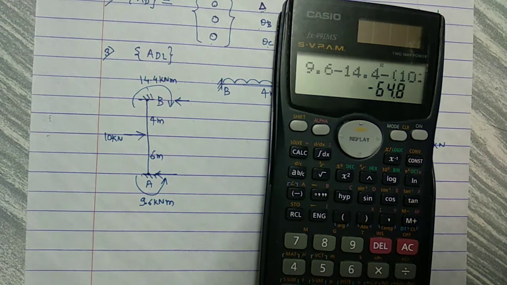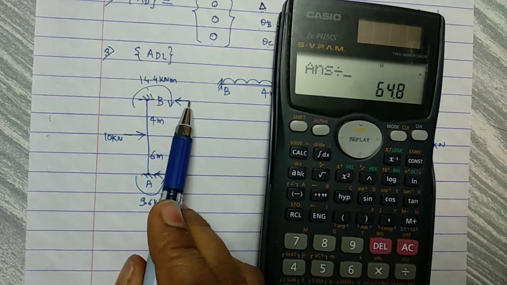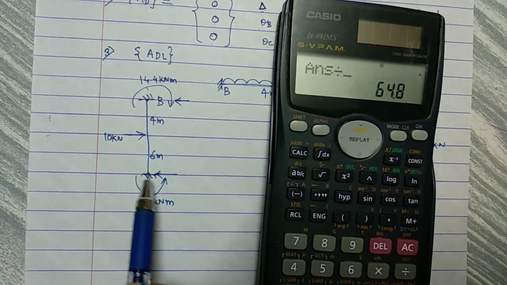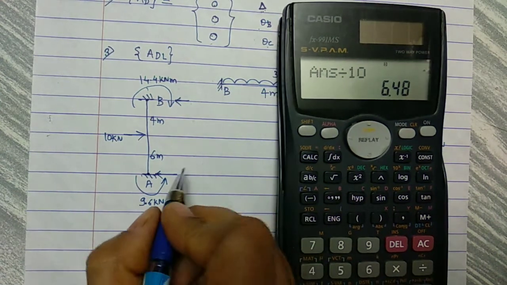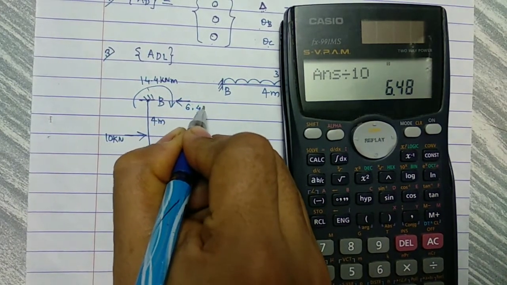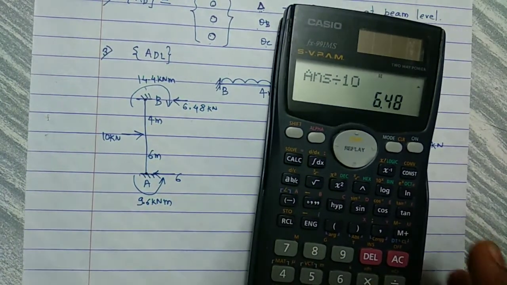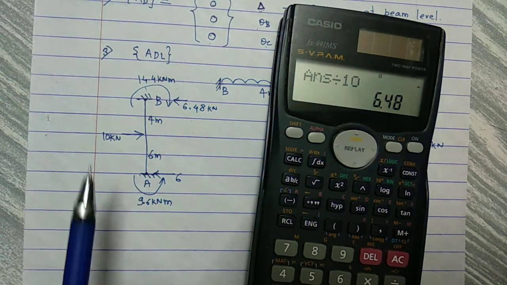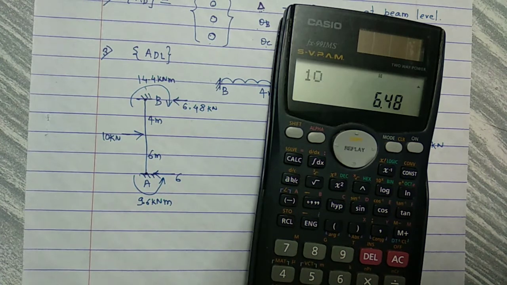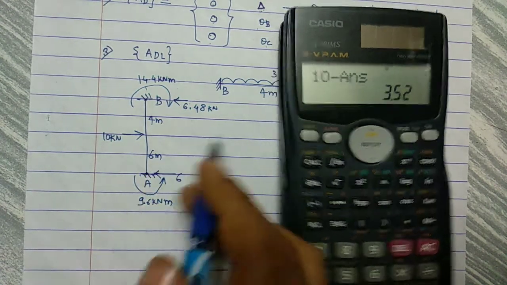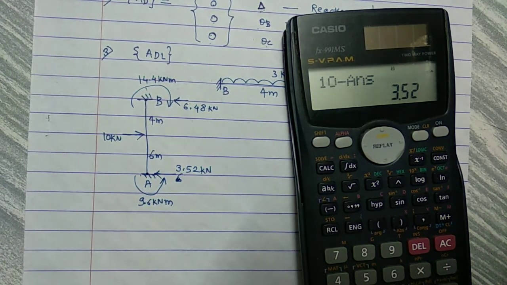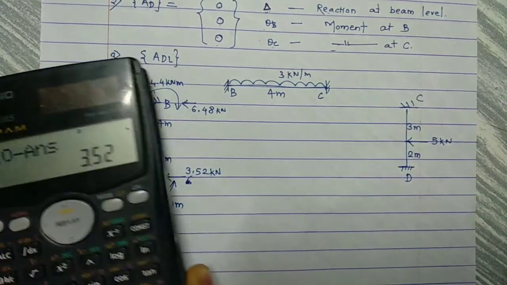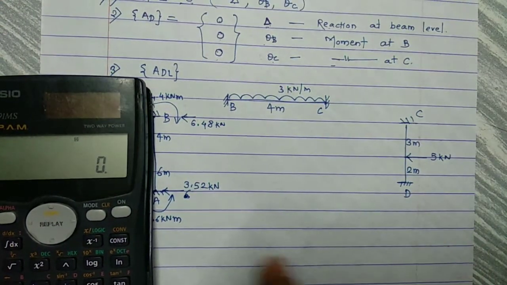Taking it on the other side of the equal sign, it becomes positive, and divide by the moment of RB about A point, RB into total 10, so divide by 10, we get 6.48 kilonewton, the reaction at B point. Now in summation Fy, 10 minus this RB value, you will get RA as 3.52 kilonewton.